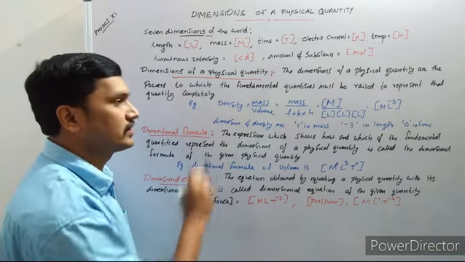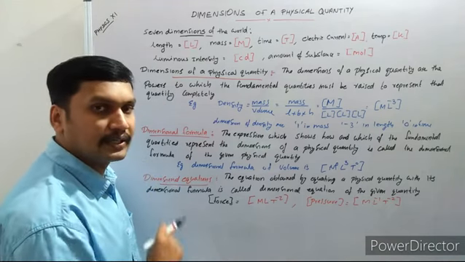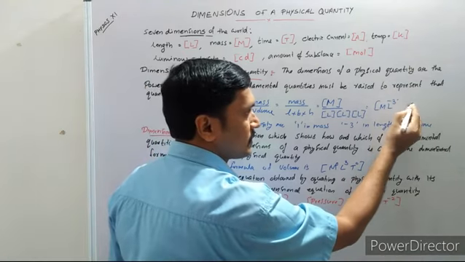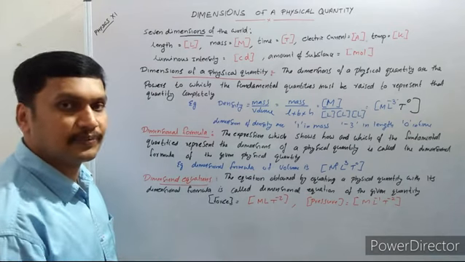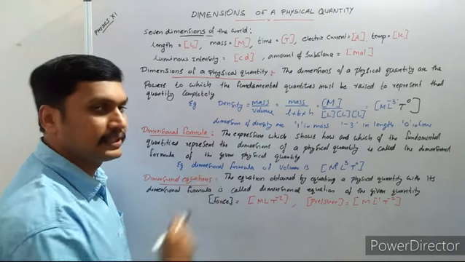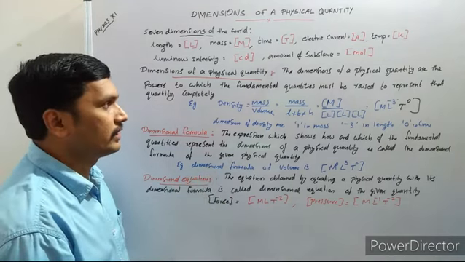Actually, to represent the density, we are not using time. So we can write the power of time as 0, T raised to 0. If you write T raised to 0 here, there is no change in the expression because the power of time in density is actually 0. So 0 in time.